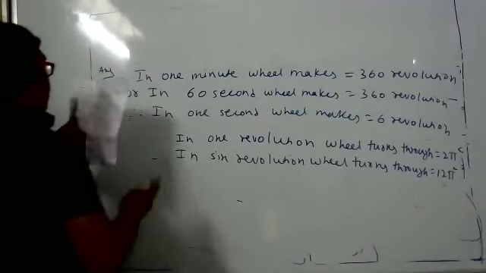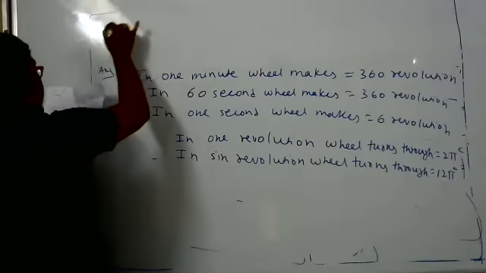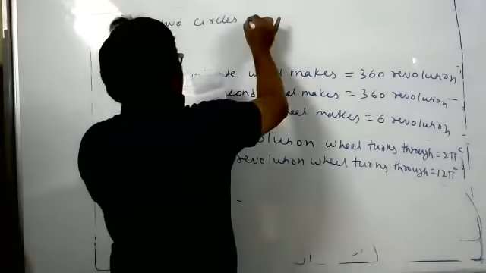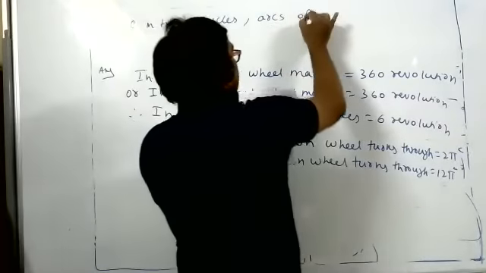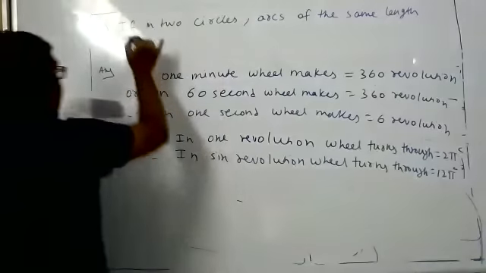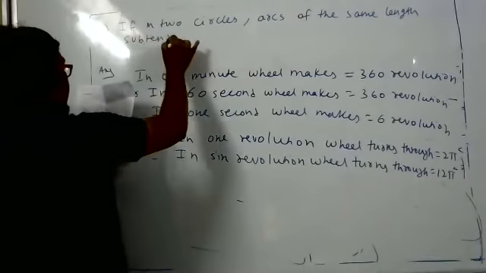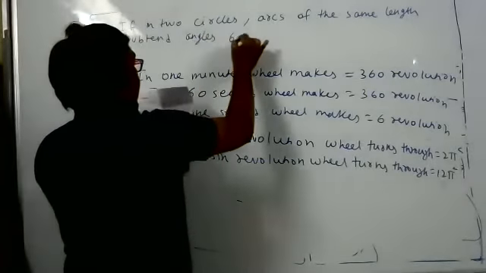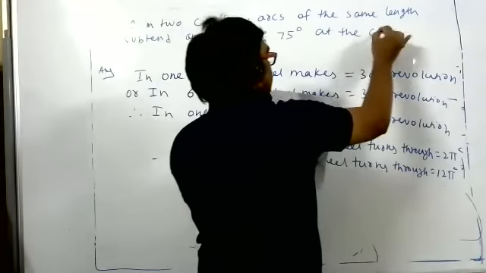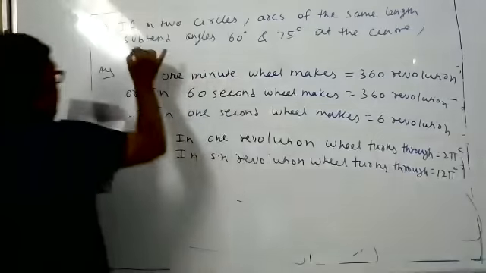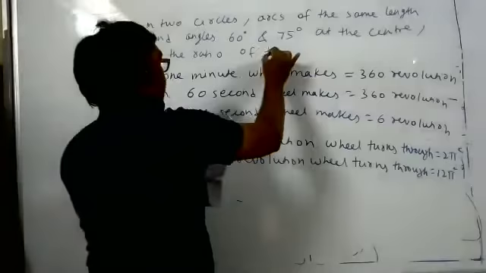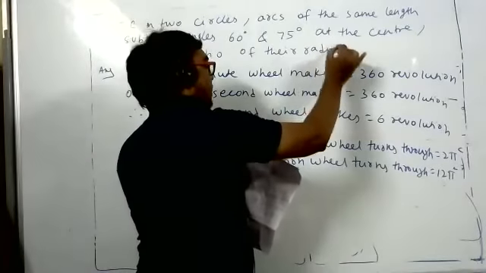Write down: if in 2 circles, arcs of the same length subtend angles 60 degrees and 75 degrees at the center, find the ratio of their radii. Very simple sum for most of you.